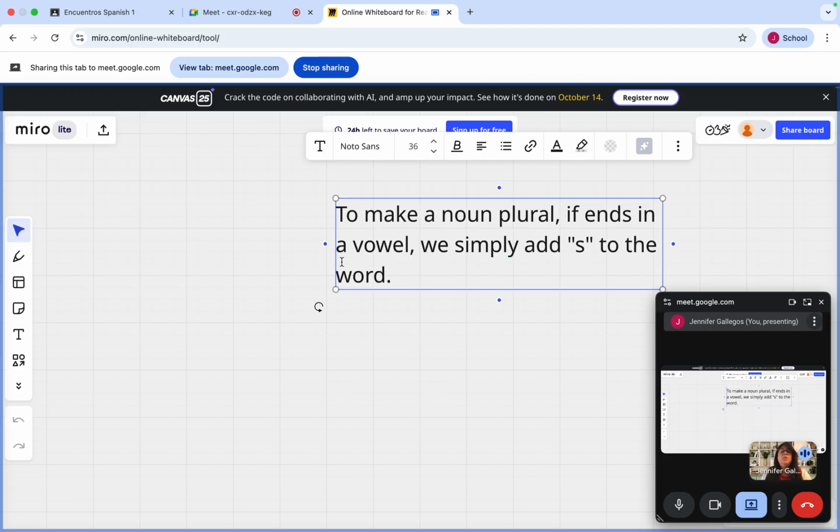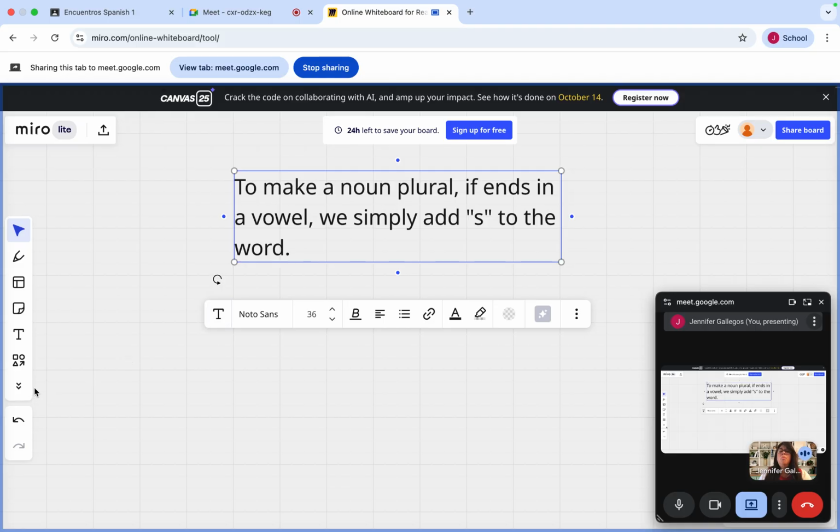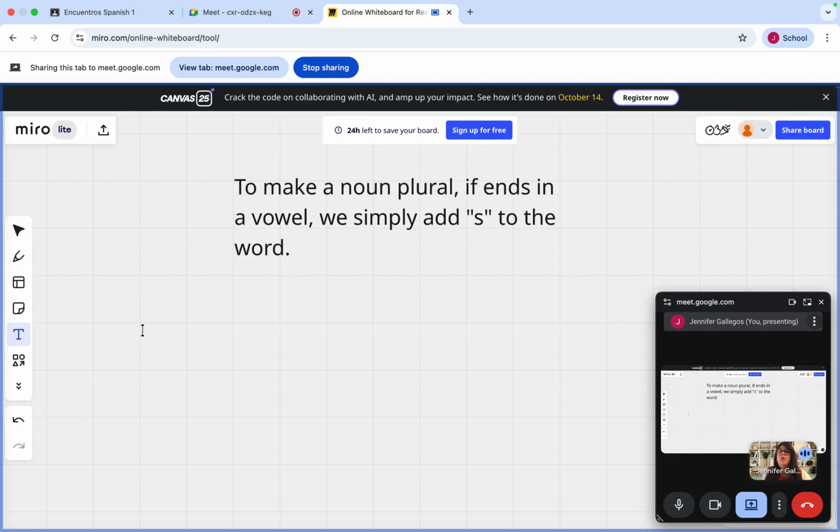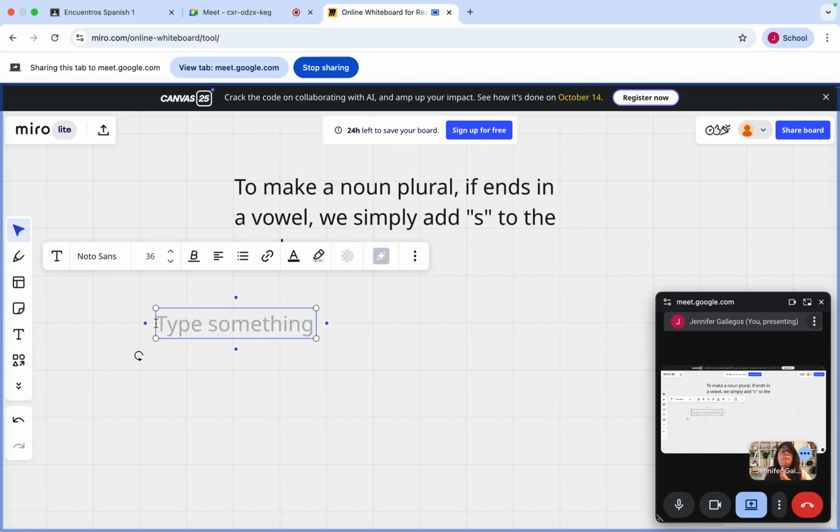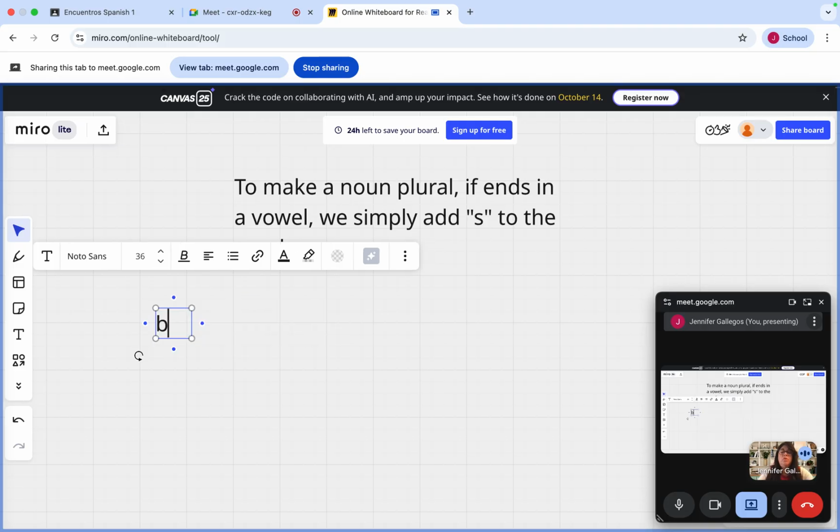Okay, so let's look at some examples. We could have the word bolígrafo. The word bolígrafo ends in an O, which is a vowel.